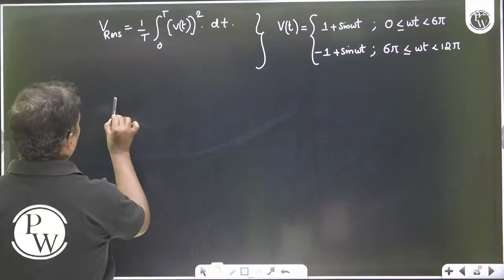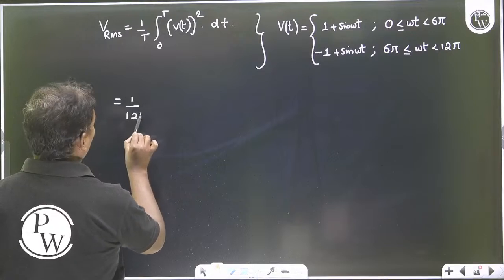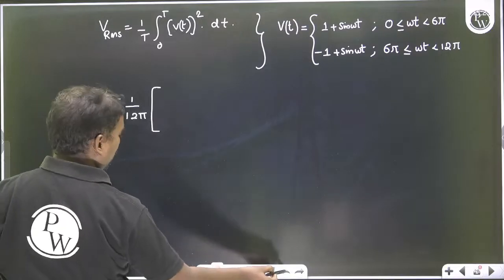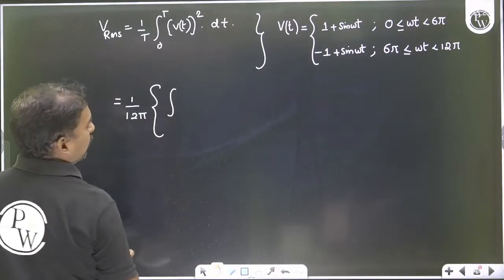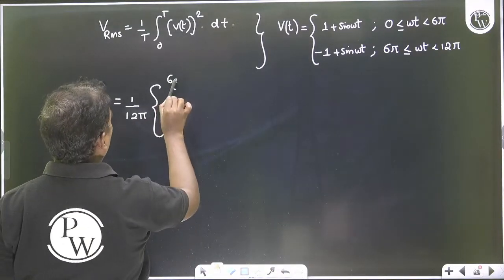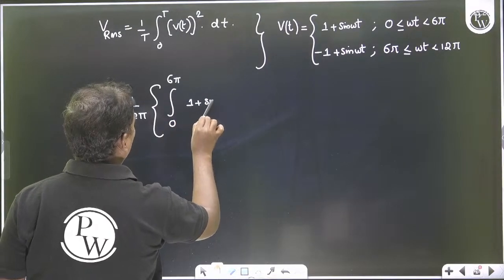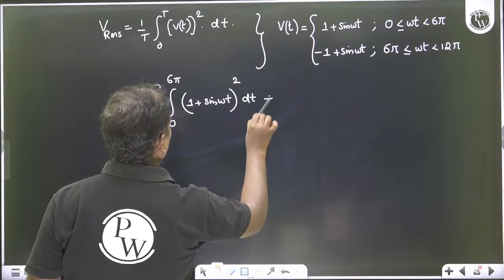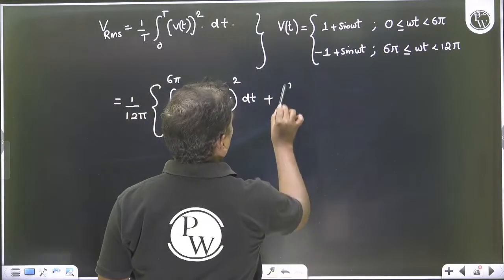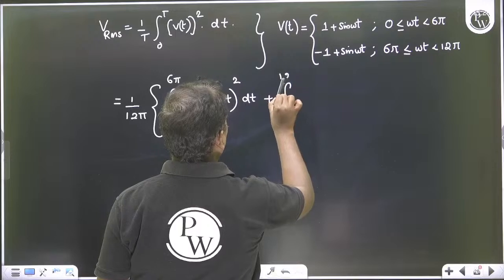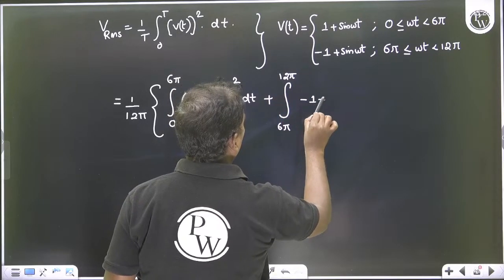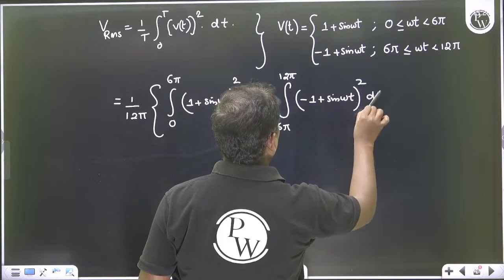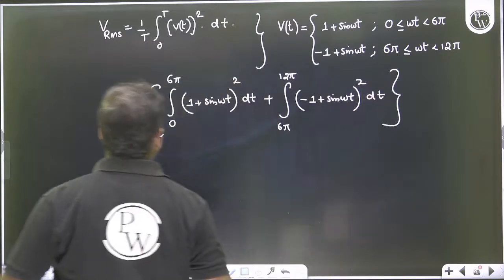So 1 by 12 pi integration of 0 to 6 pi of 1 plus sine omega t whole square dt, plus 6 pi to 12 pi of minus 1 plus sine omega t whole square dt. This is the expression, so we have to simplify it first.